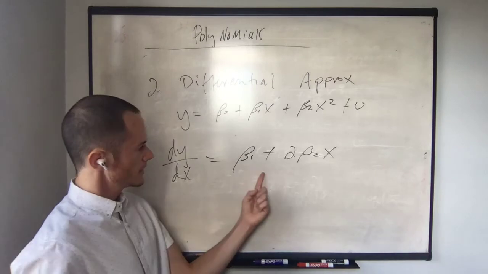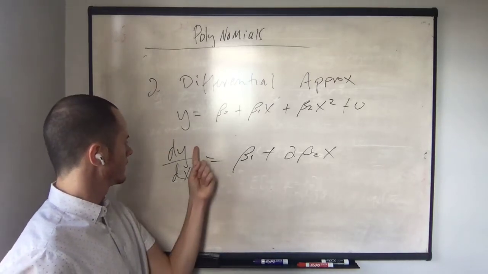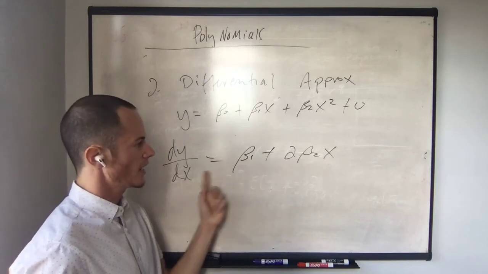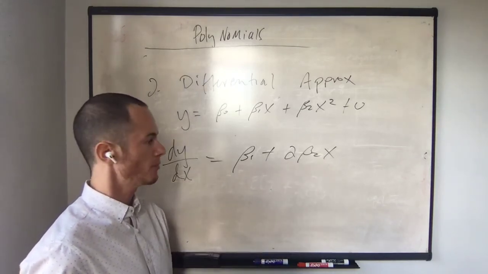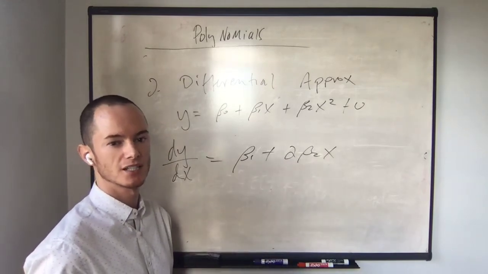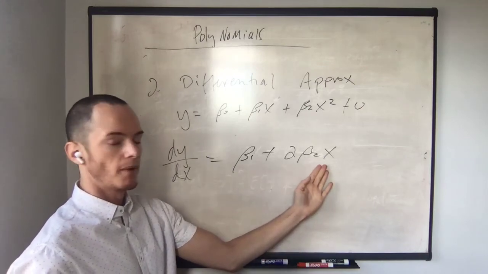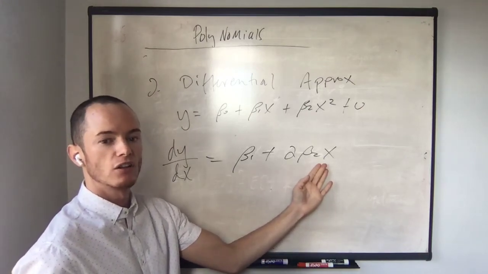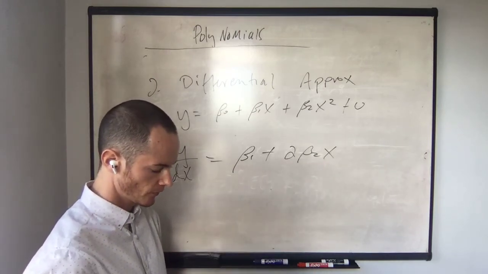Now, this line reflects the fact that the change in y with respect to x depends on the value of x. So the partial effect depends on the value of x, right? The partial effect is not constant. The smaller is x, the smaller is going to be the partial effect. The larger is x, the larger is going to be the partial effect.